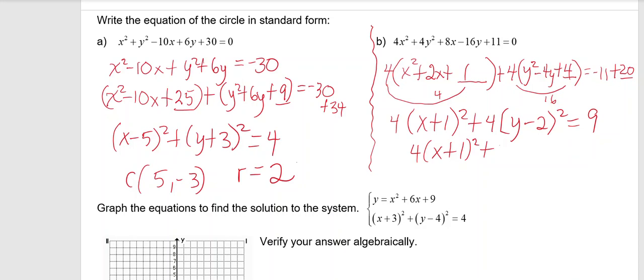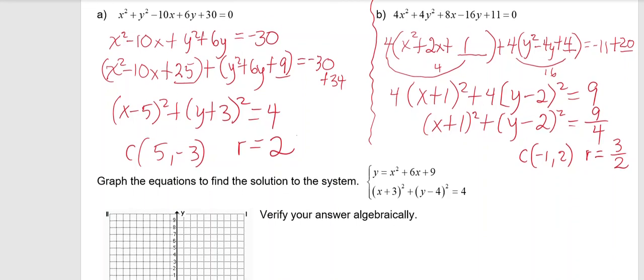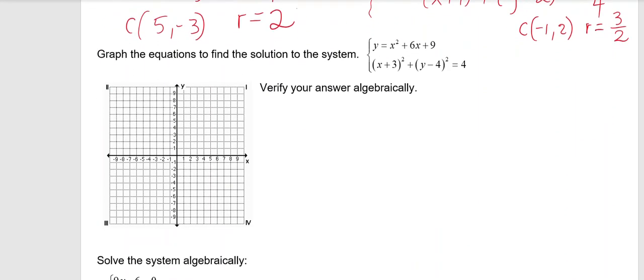Oh no, sorry, I was dividing by the 4. Plus y minus 2 squared equals 9/4. All right, so again, what's our center here? Negative 1, 2. What's our radius? 3/2. All right, so finding the equation of circles by completing the square, you can do it.